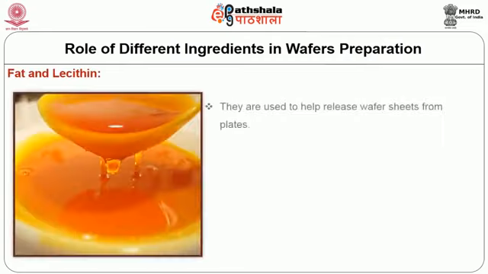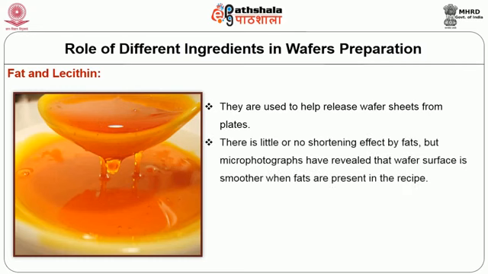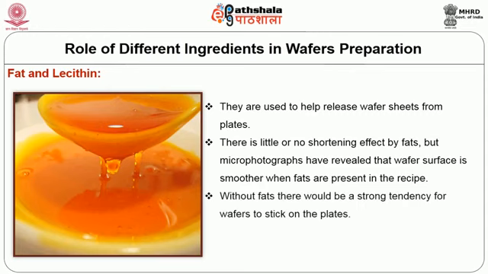Now, fat and lecithin are used to help release of wafer sheets from the plate. There is little or no shortening effect by fats, but microphotographs have revealed that the wafer surface is smoother when fats are present in the recipe. Without fats, there would be a strong tendency for wafers to stick to plates.